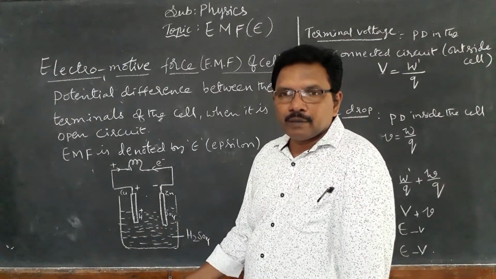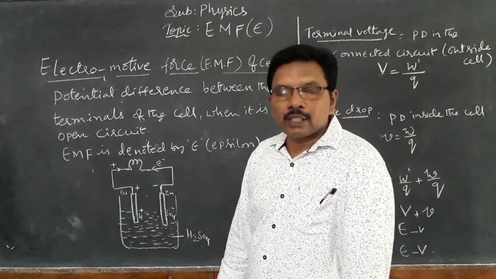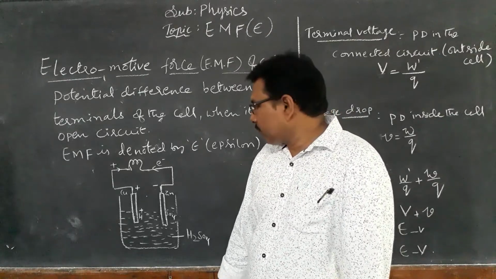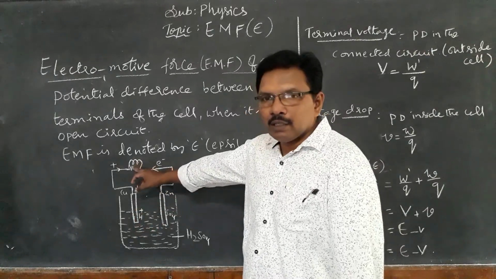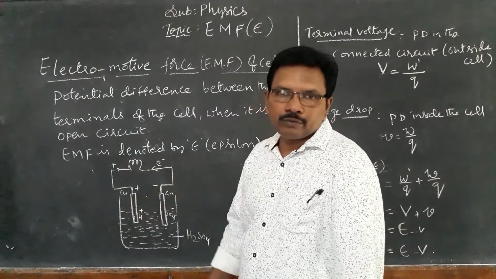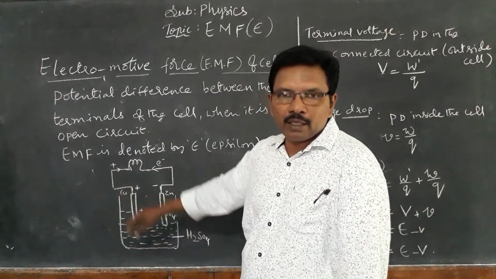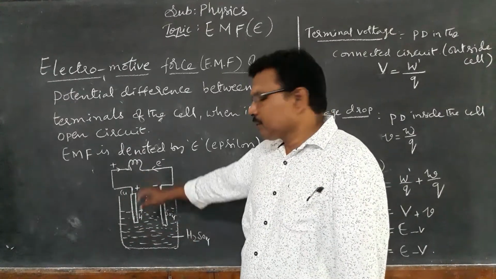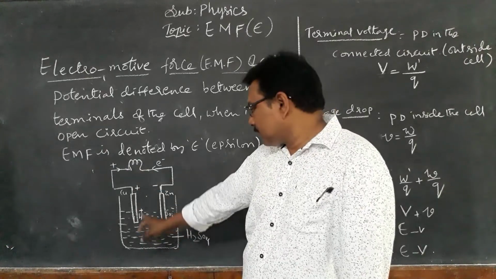In such a way the charge is carried in the circuit. Then when the charge is carried through the circuit, the bulb will glow. We can connect a bulb in the middle of the circuit.